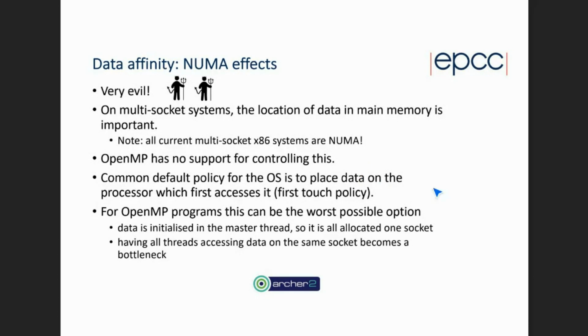So the common default policy for the operating system, particularly for Linux, is to place data on the memory that's close to the processor which first accessed it. The first time a piece of data is accessed in the program, that's when the actual location in physical memory is determined, and the operating system will try to place the memory in the same NUMA region as where that access came from.